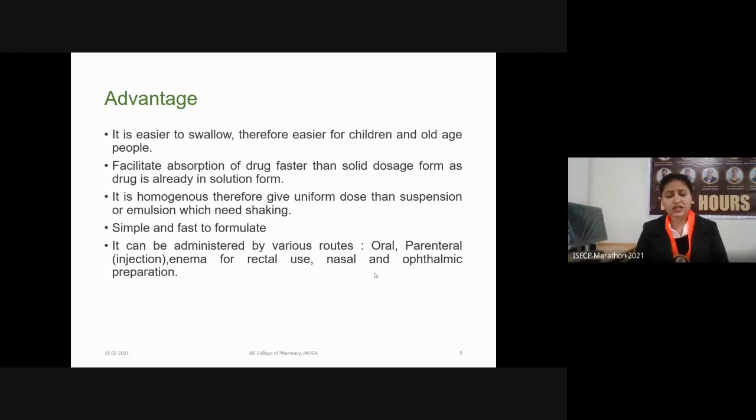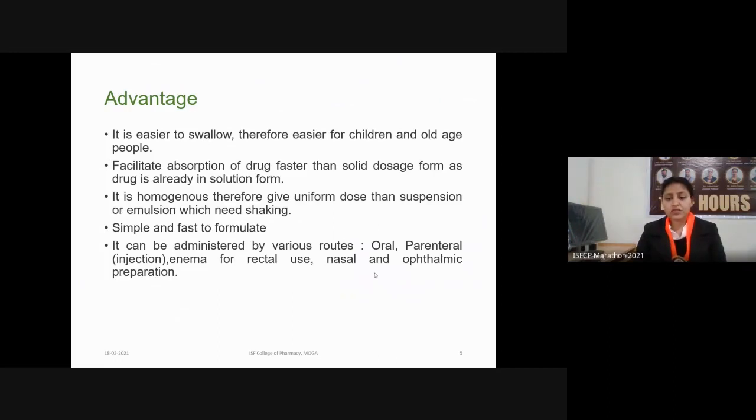The solutes are already completely solubilized in the system, but this is not the case in biphasic liquid dosage forms. In a biphasic liquid dosage form, for example suspension, the solute particles are not solubilized inside the solvent system. They are insoluble in the solvent system.